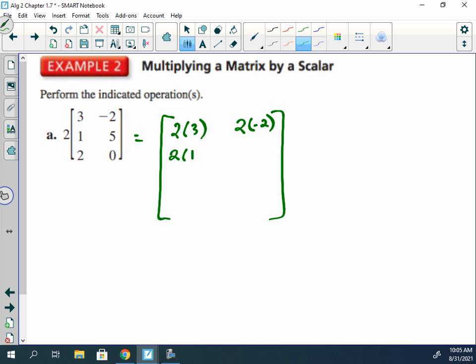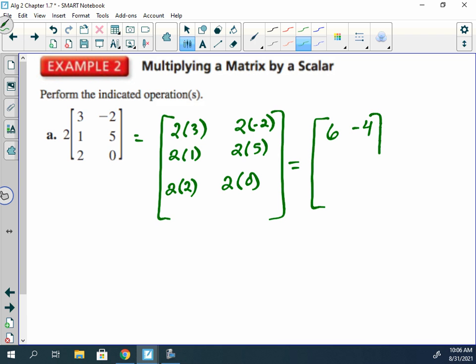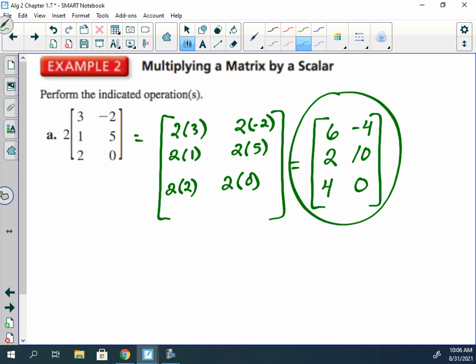Here we have 2 times, and 2 times, 2 times 2, and 2 times. Well, our first one, 2 times 3 would be 6, 2 times negative 2 would be negative 4, 10, 4, and that's all it is? That's it.